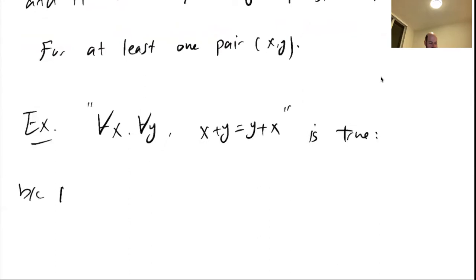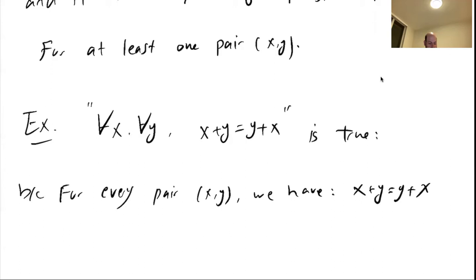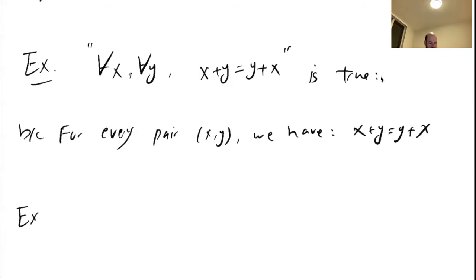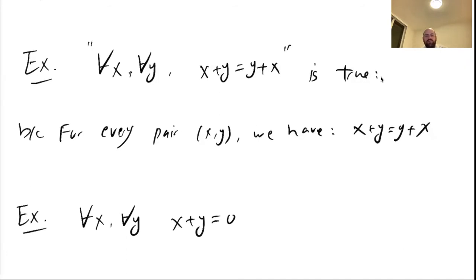Because for every pair x and y, we have x plus y equals y plus x. For example, 2 plus 3 is the same as 3 plus 2, 5 plus 9 is the same as 9 plus 5, and so on. Any pair x and y that you consider.